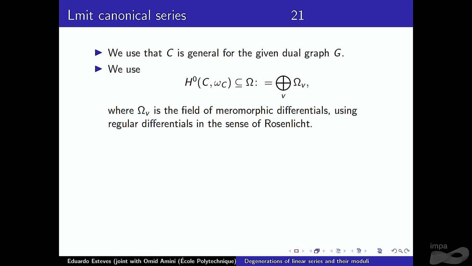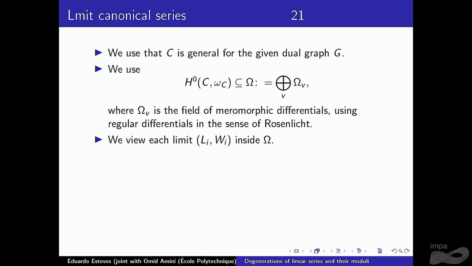So you can view the space of sections of the canonical as a space of meromorphic differentials, so tuples of differentials on each component. This notion is due to Rosenlicht, the regular differentials. So these are meromorphic differentials that at the branches over the node, the sum of the residues is 0. So that's the Rosenlicht condition.